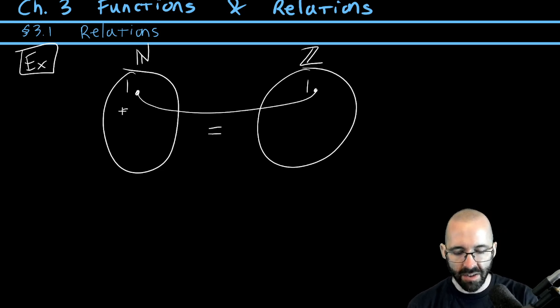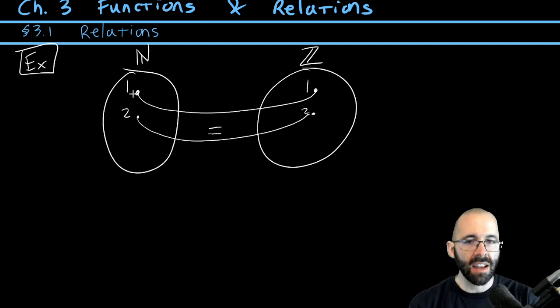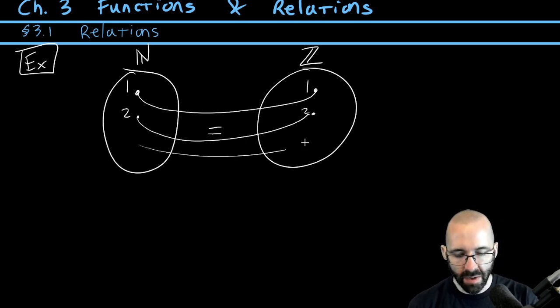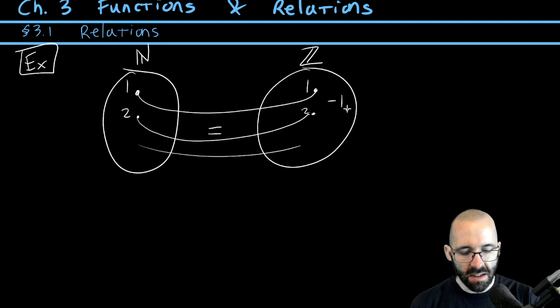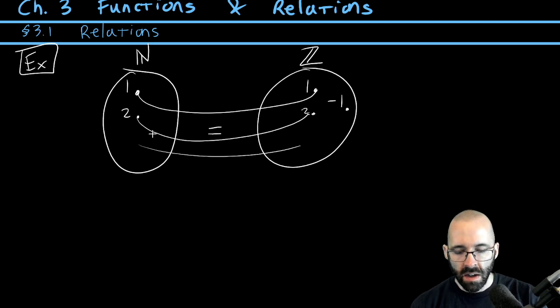And so on, right? 2 could be this little dot. This little dot's also here as well. So everything in N has a relationship with something in Z, right? We keep on going and going. But remember, there are also things in Z that aren't related to anything in N. So this is one kind of relation that we can have.